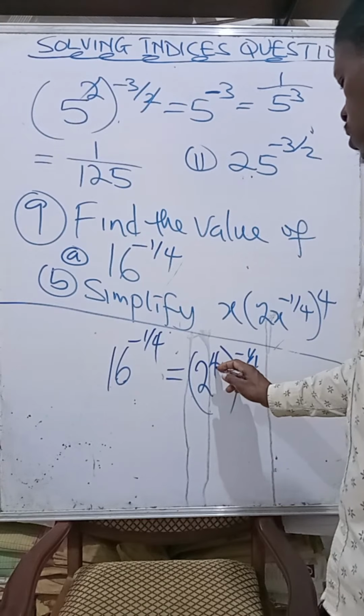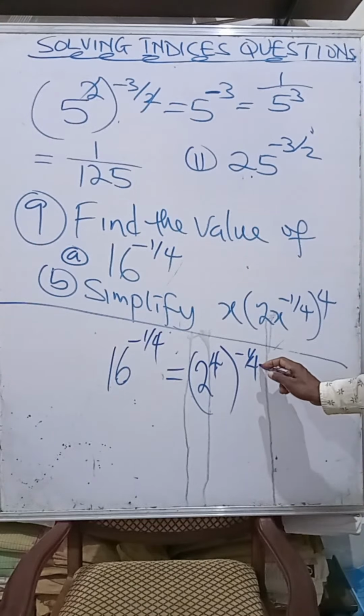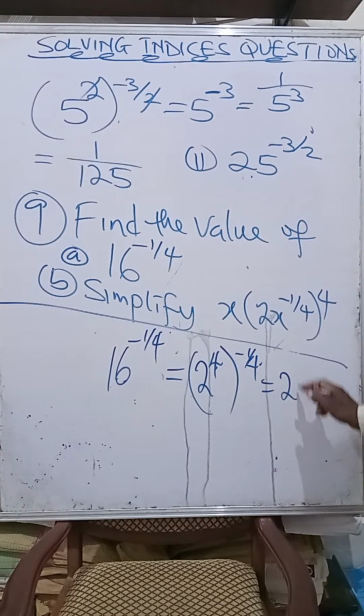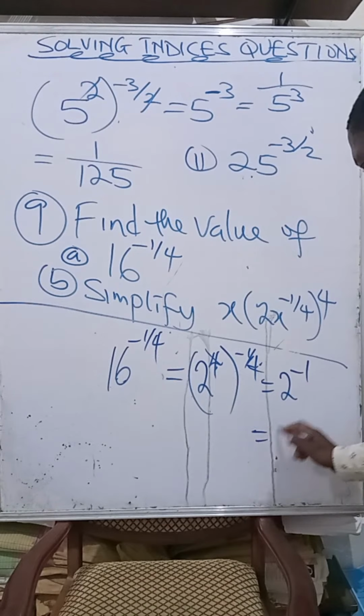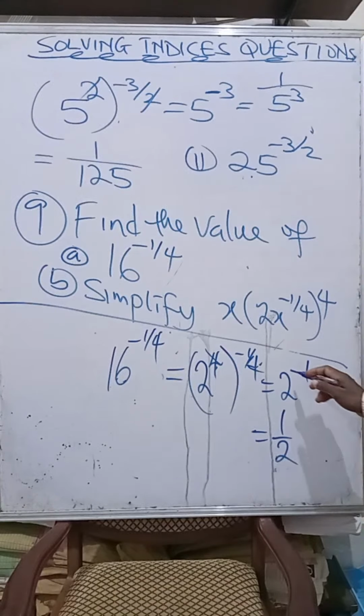So 4, the inner power, times the outside power. So that would be what? 2 to the power what? Minus 1. This 4 and this 4 we cancel. And that's equal to what? 1 over 2. This minus is 1 over.